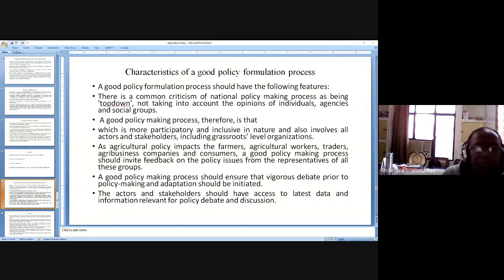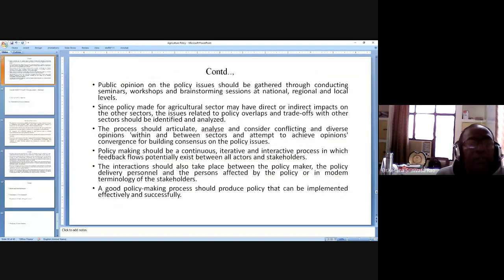Next slide. Public opinion on the policy issues should be gathered through conducting seminars, workshops, and brainstorming sessions at national, regional, and local level. Since policy made for the agriculture sector may have direct or indirect impacts, the process should articulate, analyze, and consider conflicting and diverse opinions within and between sectors, and attempt to achieve opinion convergence for building consensus on the policy issues.